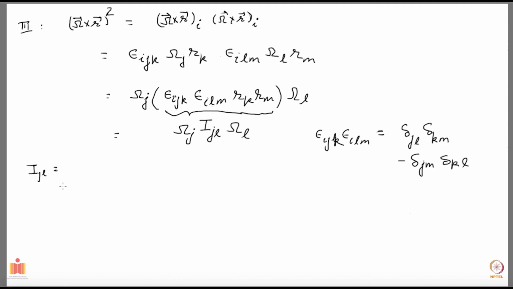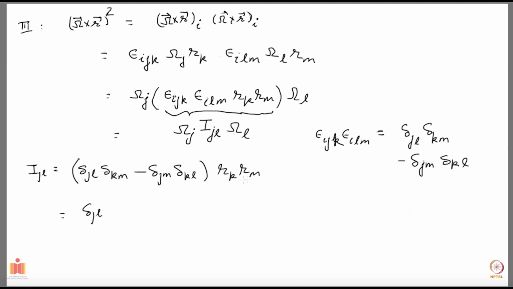So my I_jl, this new quantity, is δ_jl δ_km minus δ_jm δ_kl, and then you have r_k r_m. Let's make the contractions. You have δ_jl, then δ_km.